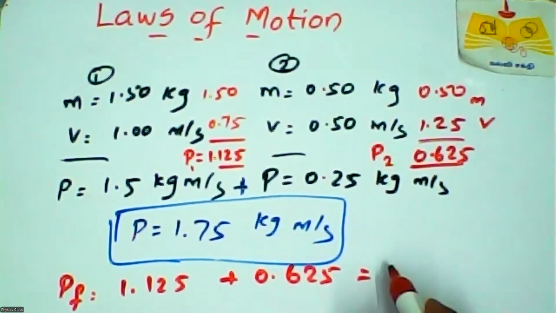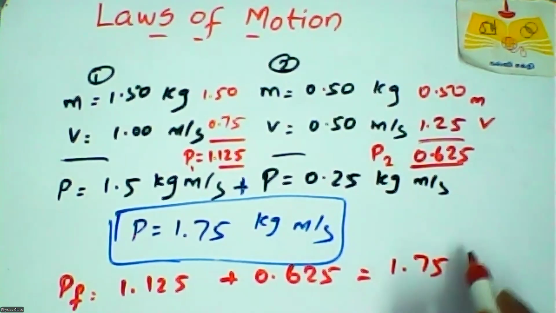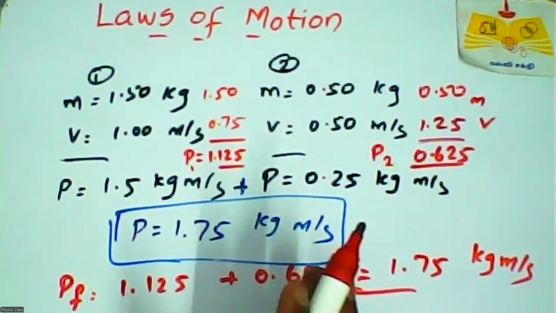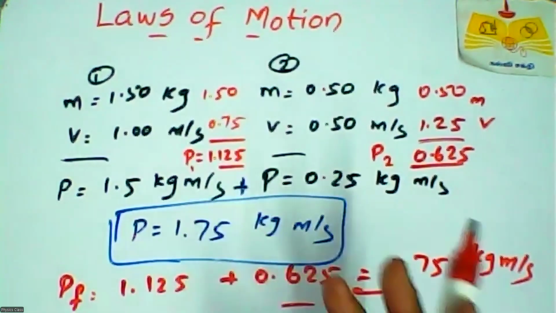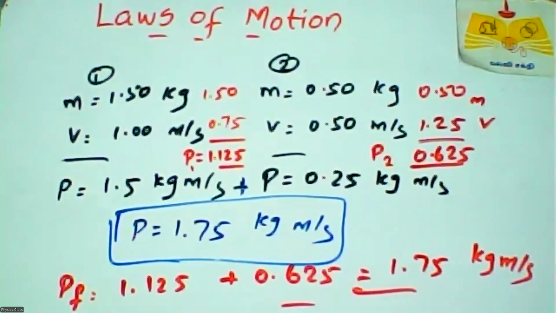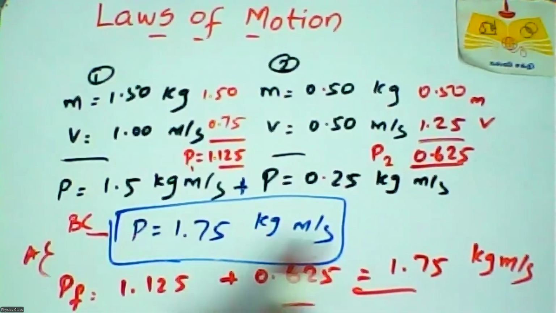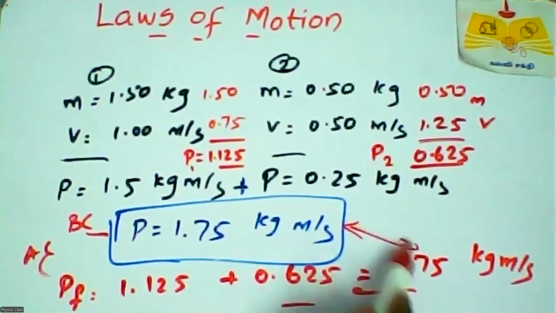Now you will get 1.75. This is the final total linear momentum, after collision. So this is after collision, and this is before collision. You can see that both values are the same.